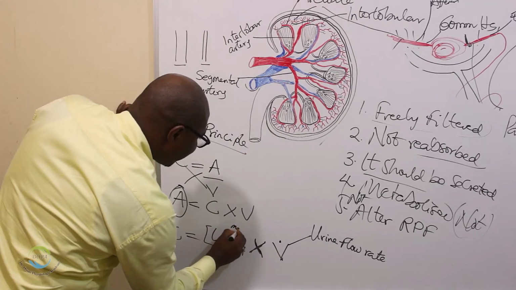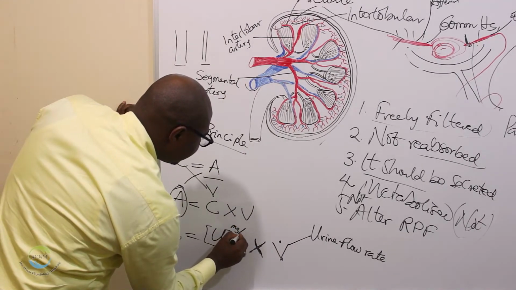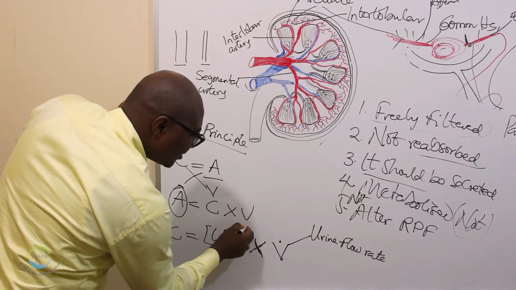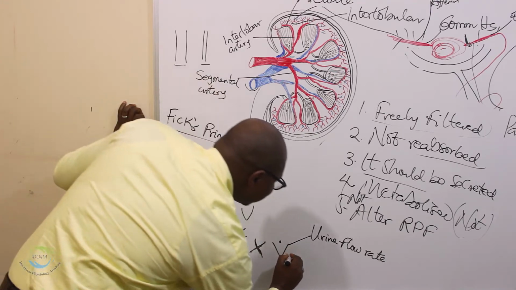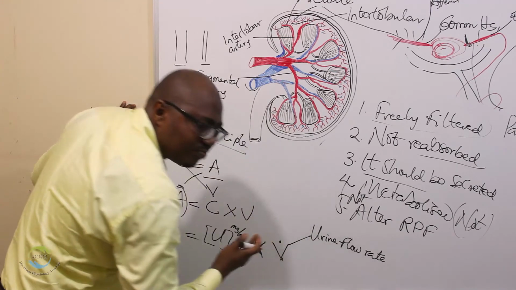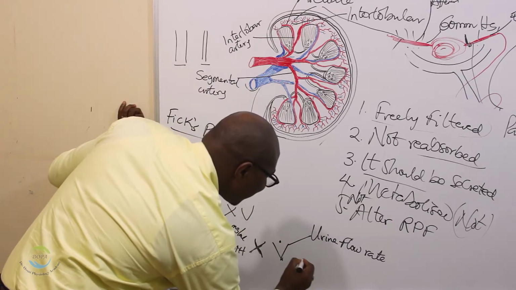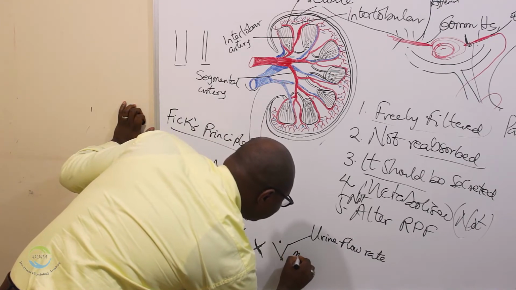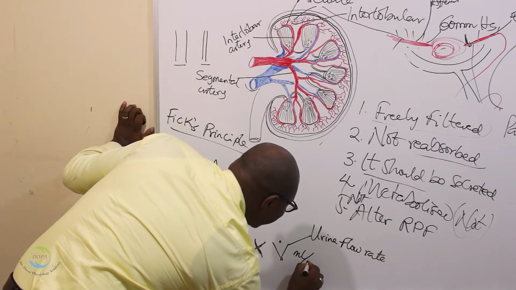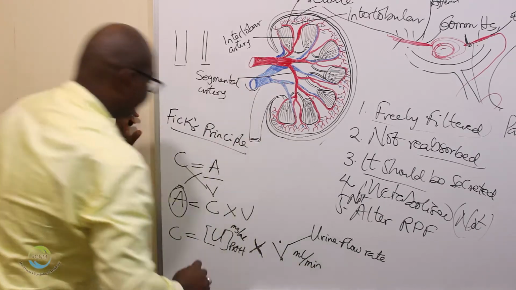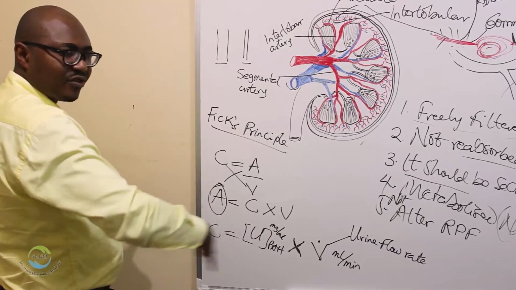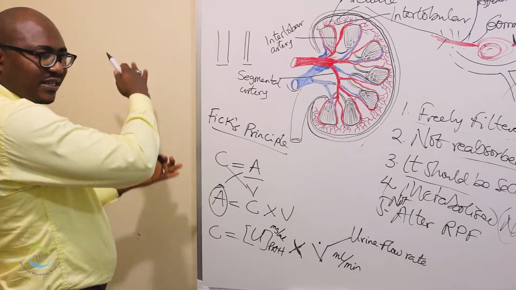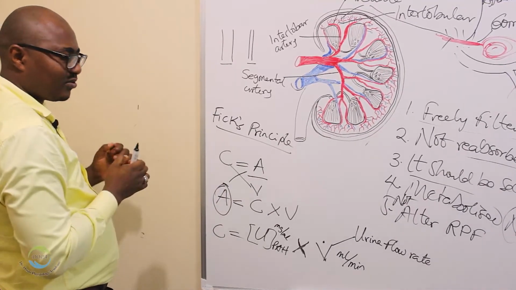So this is the concentration. It's in milligram per milliliter, or can be gram per dL, but let's use milligram. Then the urine flow rate is in volume per time. That means milliliters per minute. Okay? And we said that the clearance, whatever is removed, has an inverse relationship with the plasma concentration.